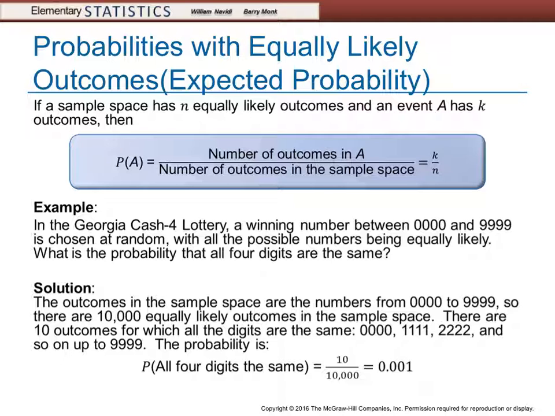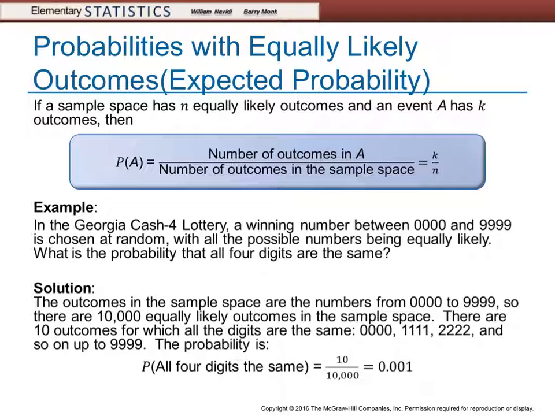For example, in Georgia's Cash 4 lottery, a winning number between 0000 and 9999 is chosen at random with all possible numbers being equally likely. What is the probability that all 4 digits are the same?